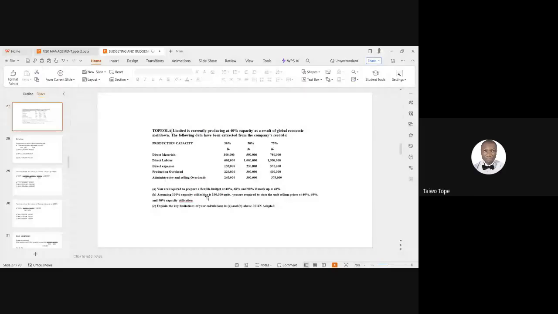Let's go back to the question. Assuming 100% capacity utilization is 100,000 units, you are required to state the unit selling price. It means at 40%, what will be the price of 1 unit? At 60%, what will be the price of 1 unit? At 90%, what will be the price of 1 unit?